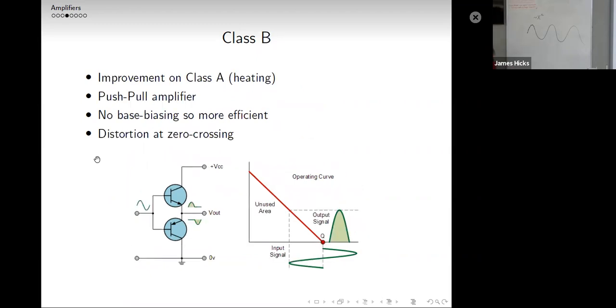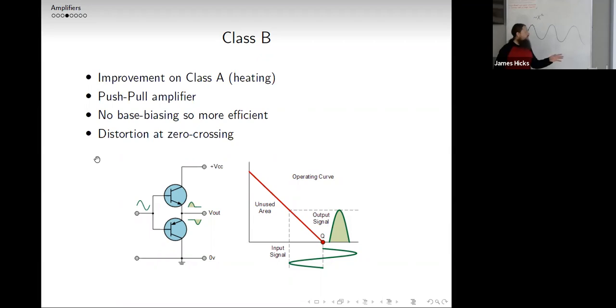All right, class B is a huge improvement on the class A amplifier as far as the heating goes. So basically the idea is, instead of making one transistor do all the work, have it be on all the time, you split up the signal essentially between two different transistors.